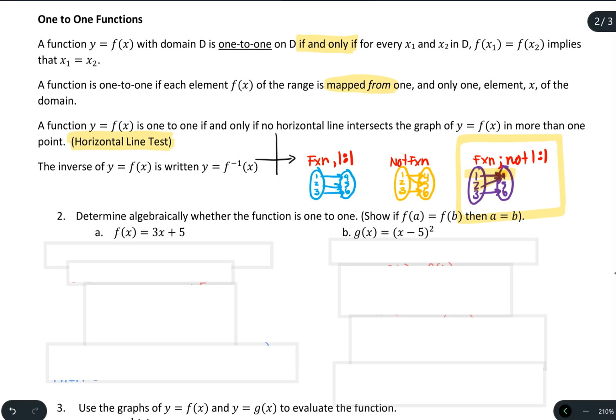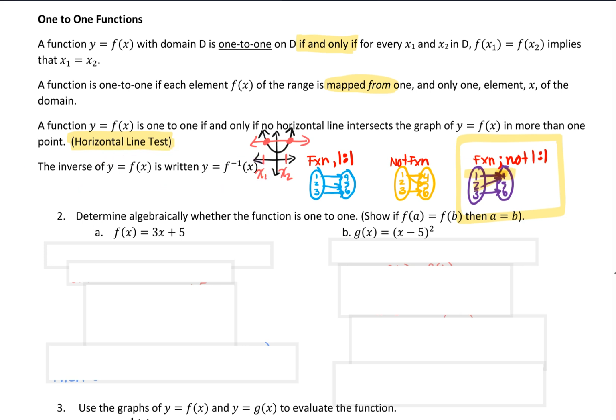So if I just draw a little sketch of a parabola here, and make a horizontal line on the parabola, I can see the horizontal line will intersect twice. So this one y value came from two different x values, x1 and x2. So this is not one-to-one. And this is just the inverse notation of f inverse of x.